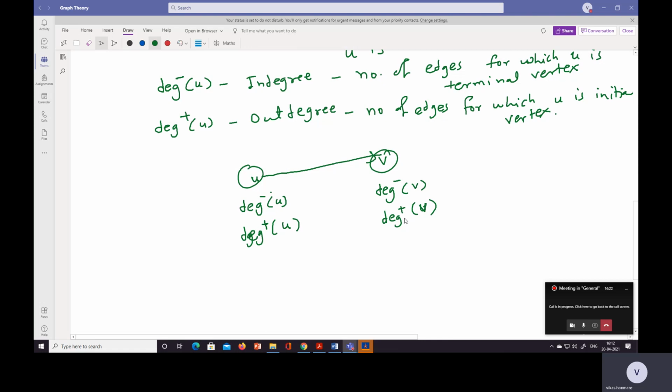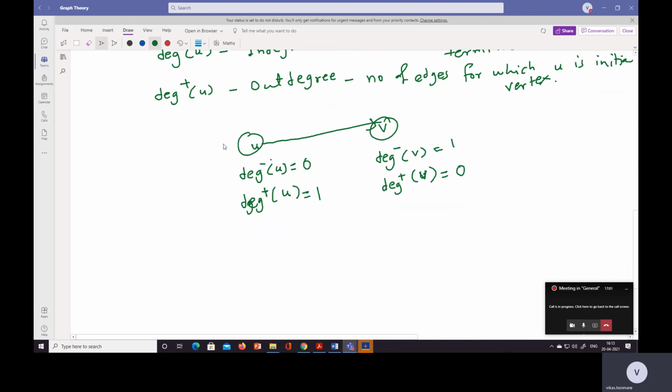Think about it for a second, and you can write down the answer. I'll tell you how to get it. In degree is the number of edges for which u is the terminal vertex. Here u is not a terminal vertex, it is the initial vertex, so in degree is 0 and out degree is 1. For vertex v, this is the terminal vertex, so in degree is 1 and out degree is 0. Okay, so this is how we compute.